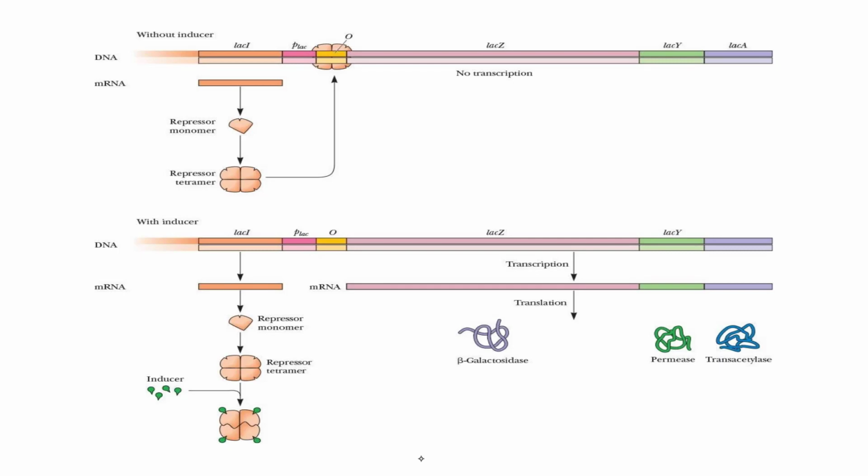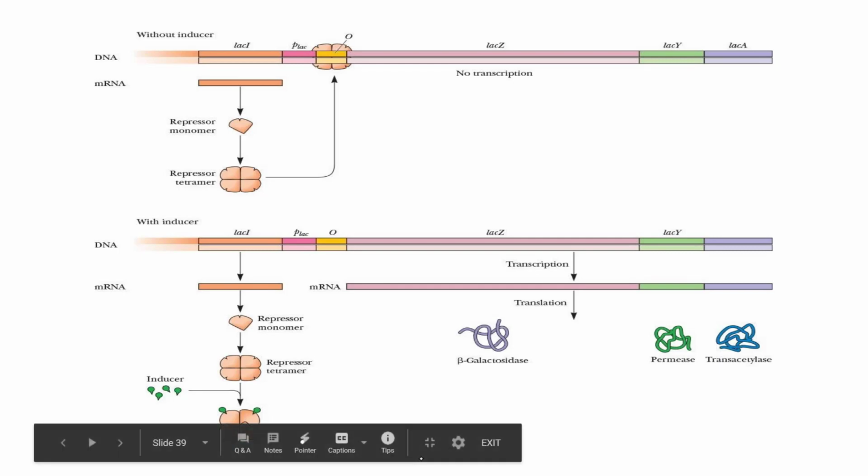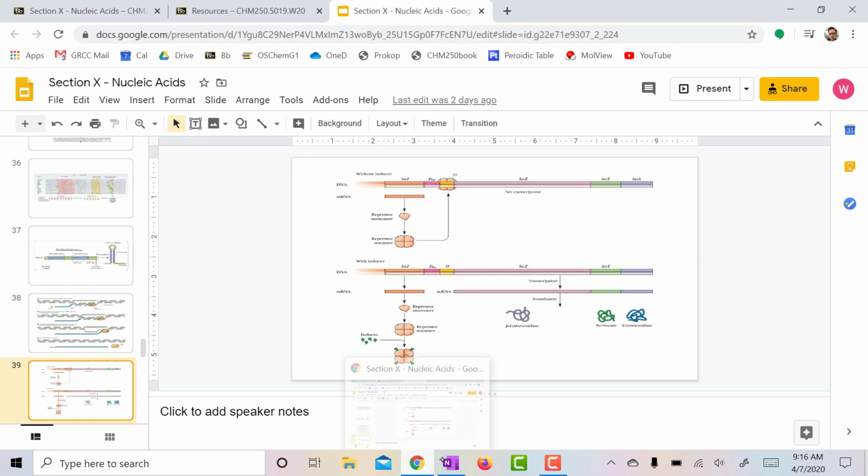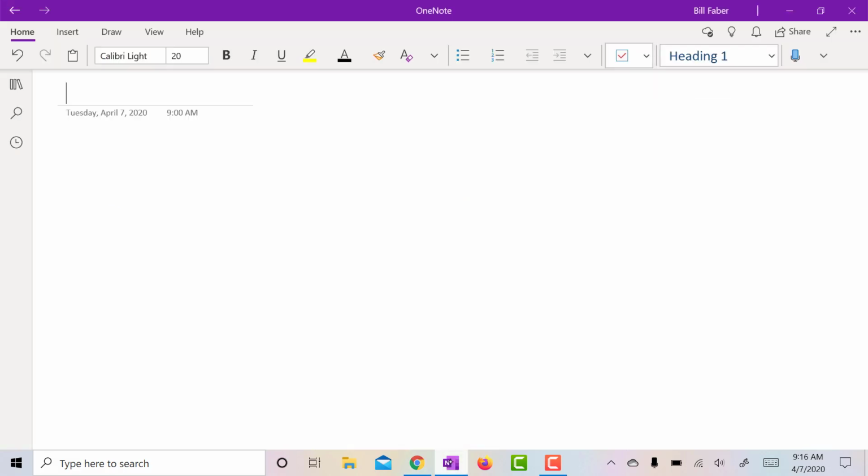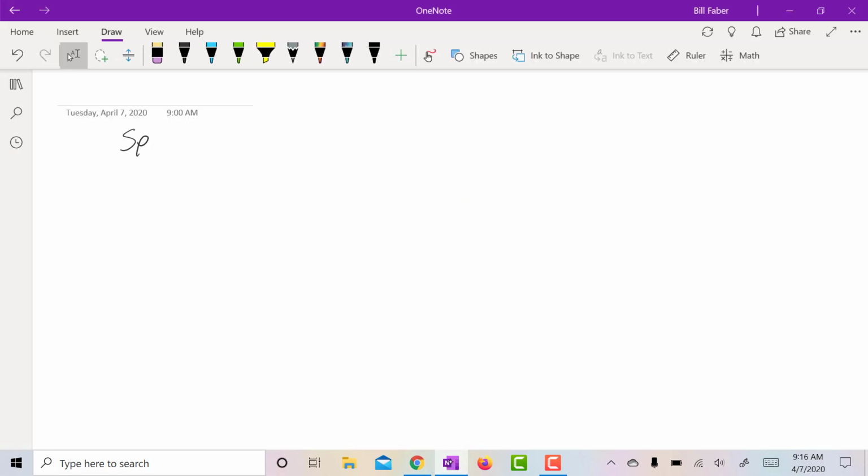Well, you can block RNA polymerase from actually binding or coming through in the first place. And this is a common technique, and I'll write this out: you should understand that specific genes do not always need to be transcribed.